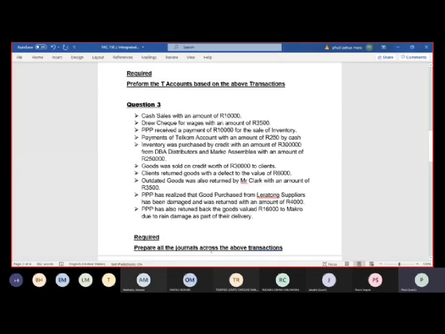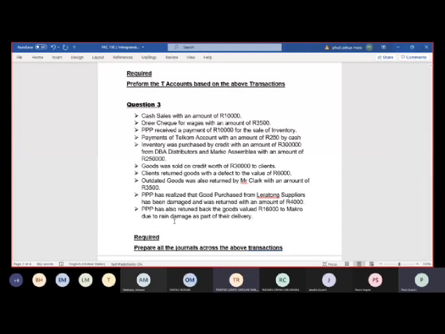Okay, let's look at transaction number 2. There was a draw of cheque for wages with an amount of 3,500 rand. How do you treat this? Wages debit, bank credit. The analysis for wages is statement of profit and loss, and the analysis for bank is statement of financial position, for an amount of 3,500. Tapizo asks whether it is a CPJ or a CRJ.